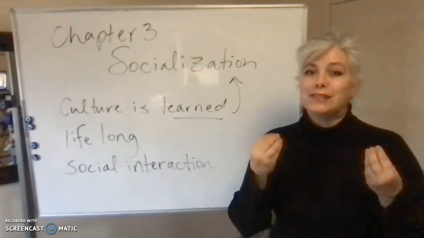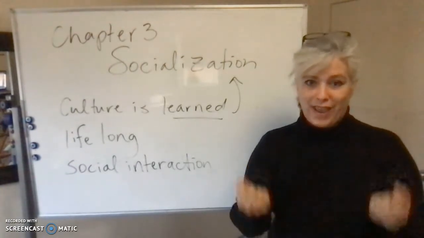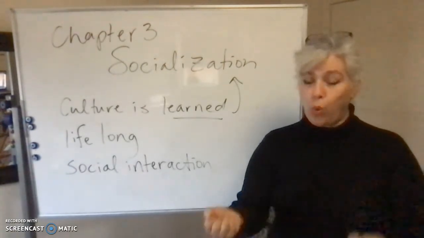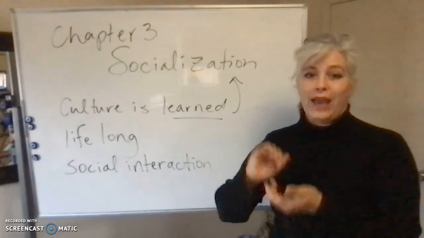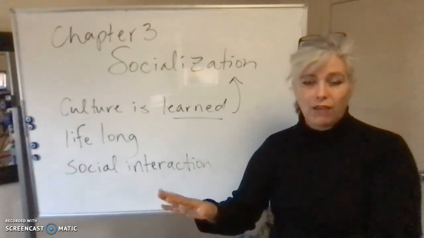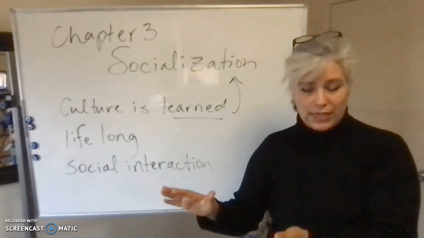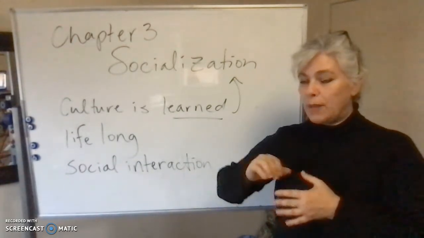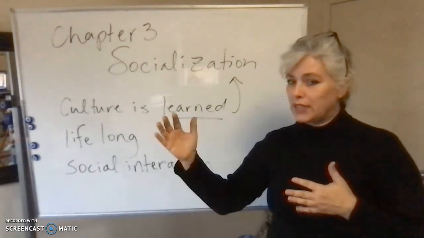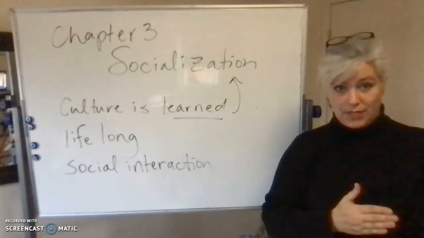The child is not going to have a SIM card available to them to know whether a behavior, an idea, a belief, a pattern that they're seeing is socially accepted across the norms of society or not.